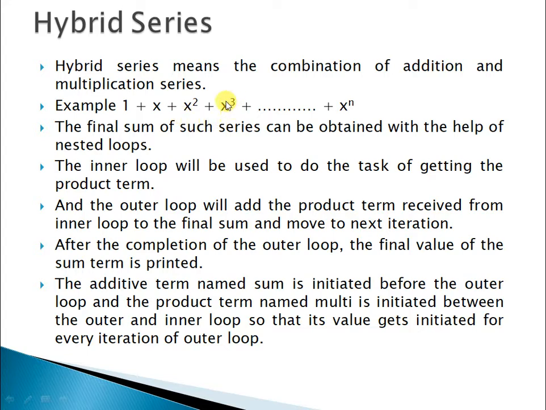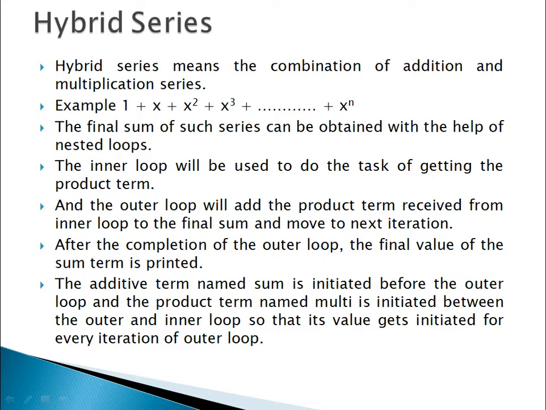Then the inner loop will calculate x to the power 3. Then the outer loop will add this value obtained by this inner loop to the previous sum, and so on. So you will get the final sum at the end of these n steps. So after the completion of the outer loop, the final value of the sum term is printed. Clear?